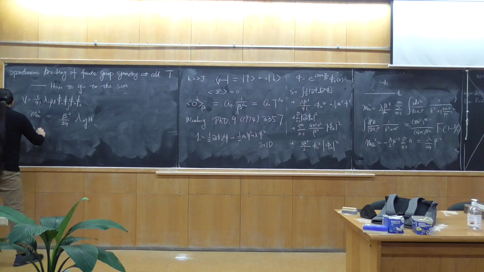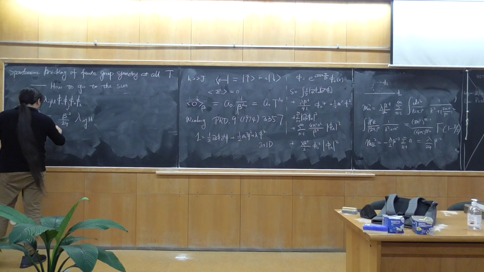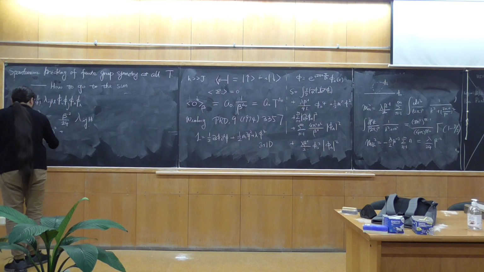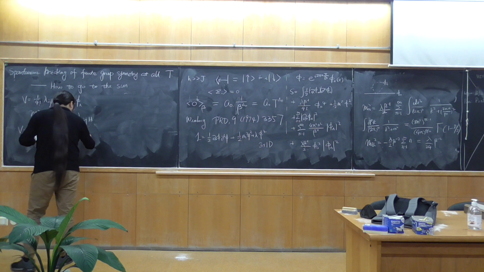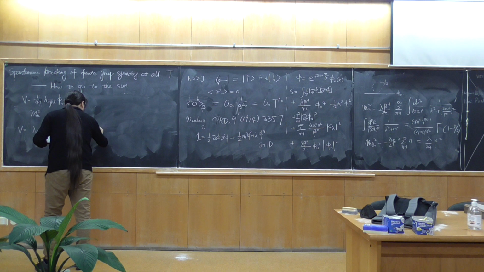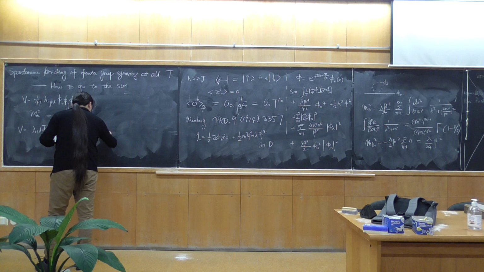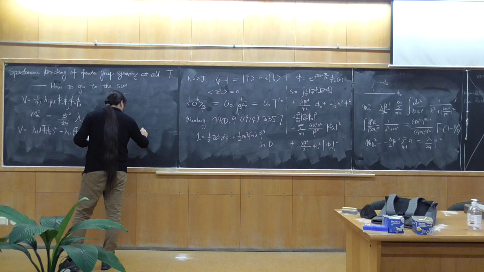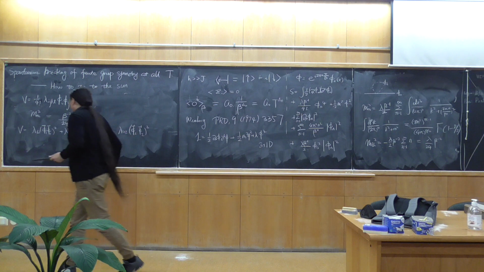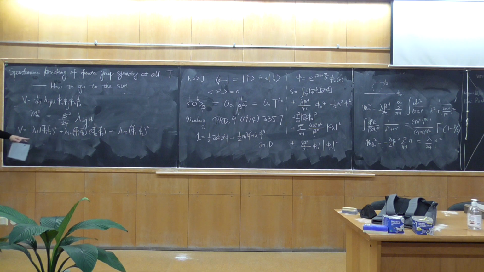So what Wimmer did was this: pick a potential like this, lambda 1 1, lambda 1 2, plus lambda 2 2, squared.